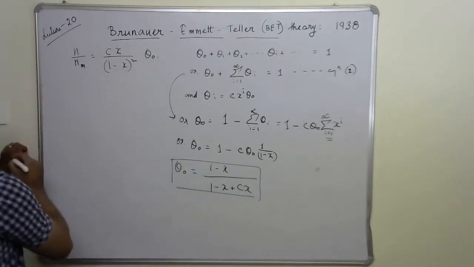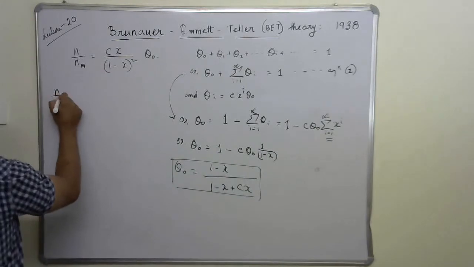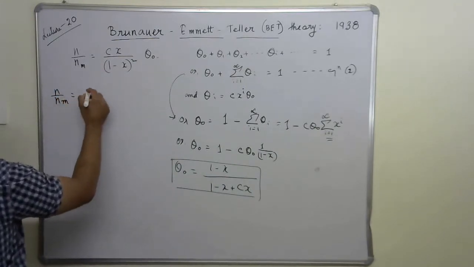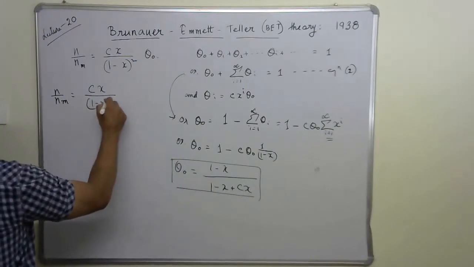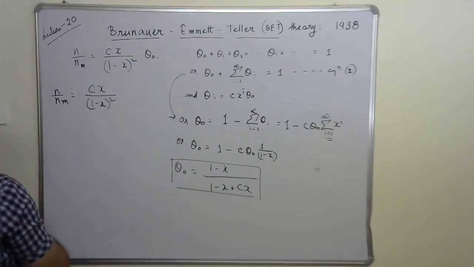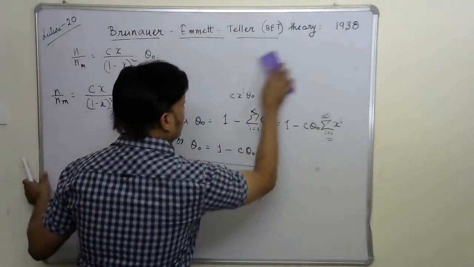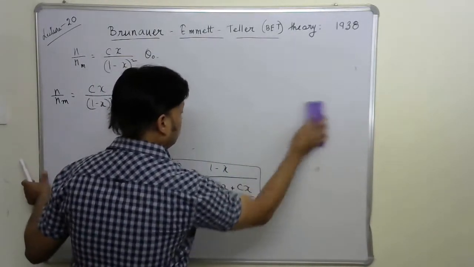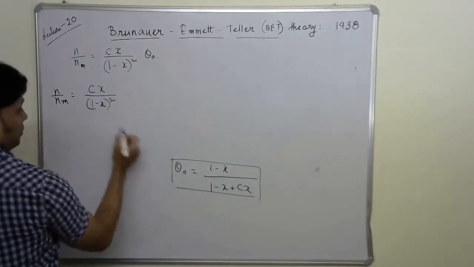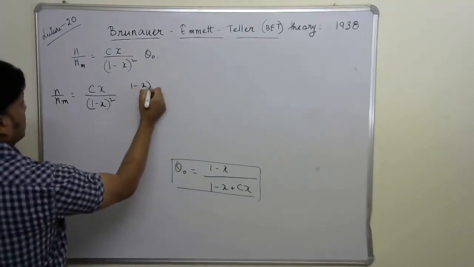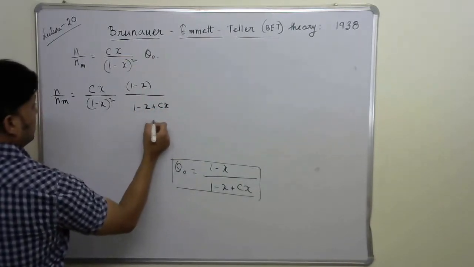Therefore n over nm is equal to cx divided by 1 minus x, whole squared, multiplied by, instead of theta 0, 1 minus x divided by 1 minus x plus cx.